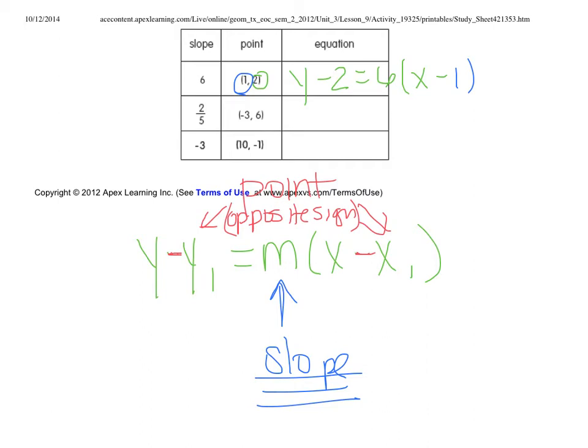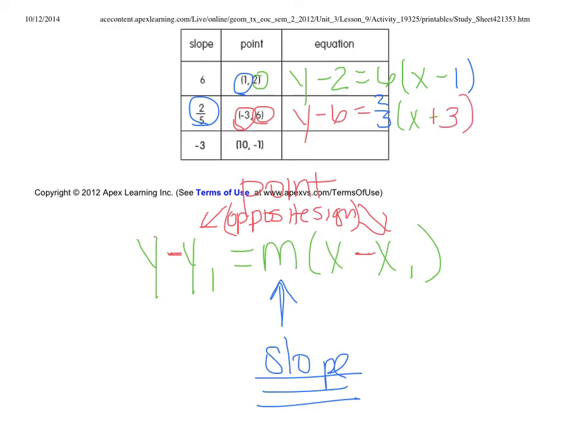So this equation is going to be y minus, my y value here is 6, equals, my slope is 2/5, and then x minus, and my other x value it gave me was -3, so that really makes it plus 3 in the formula. It's always the opposite.